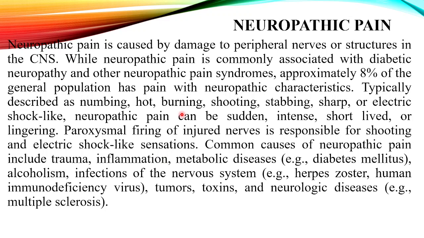Then comes neuropathic pain. Neuropathic pain is caused by damage to peripheral nerves or structures in the central nervous system. It is commonly associated with diabetic neuropathy and other neuropathic pain syndromes.